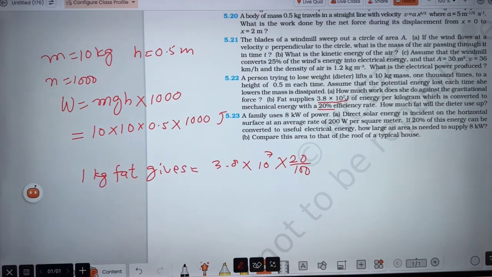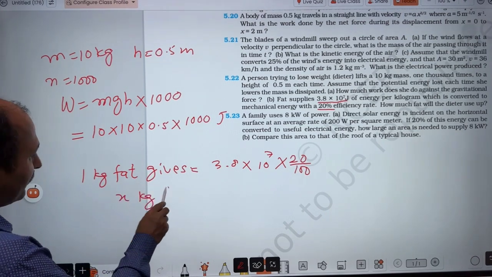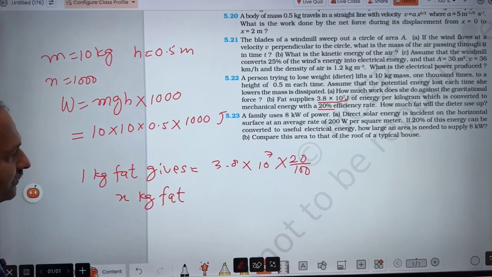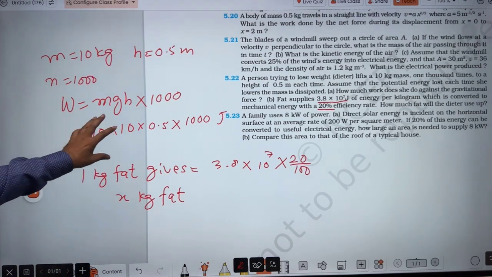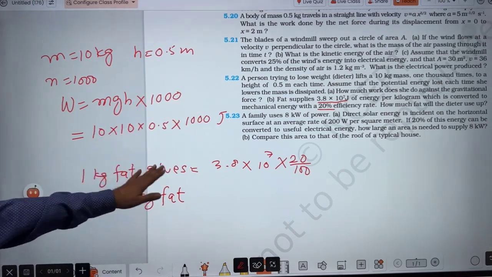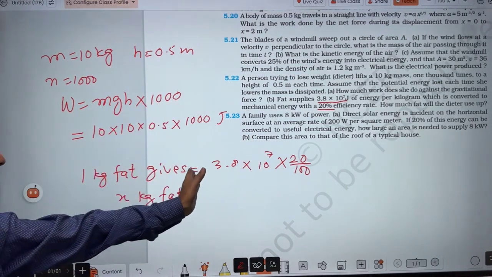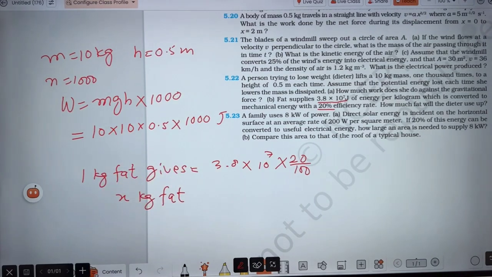Now suppose say x kg fat is used. So to get x kg fat, very simple, the energy required divided by this much energy given by 1 kg fat.